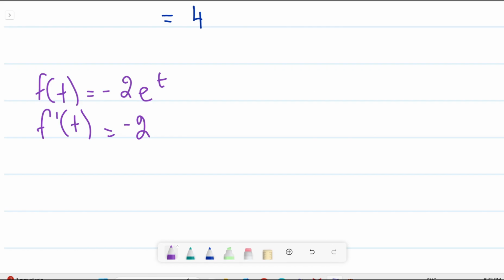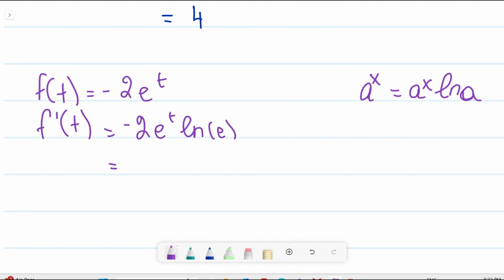We agreed in the previous video that the derivative of a to the power of x is a to the power of x times ln of a. So the derivative of e to the power of t is e to the power of t times ln of e. And you can plug this in your calculator. ln of e gives 1, so we can write this as negative 2 times e to the power of t.